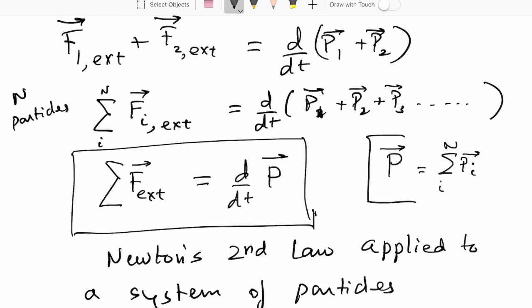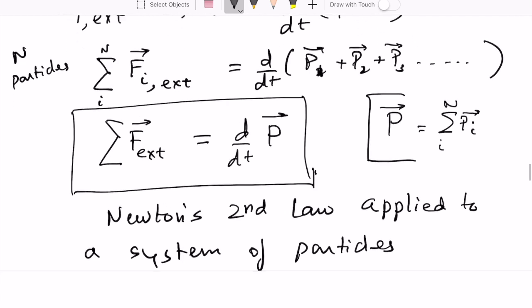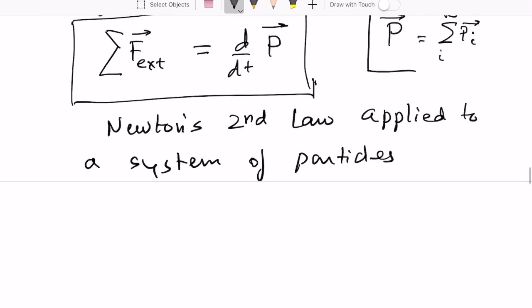All right. There is a very important fact that follows immediately from this result, right? What would happen if the net external force on a system vanishes? So suppose there is no external force on a system, or there are external forces, but they all cancel each other out.